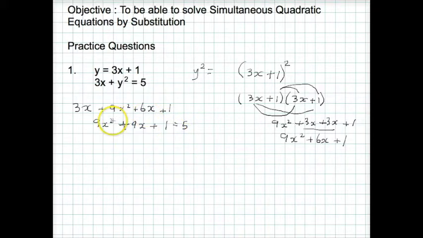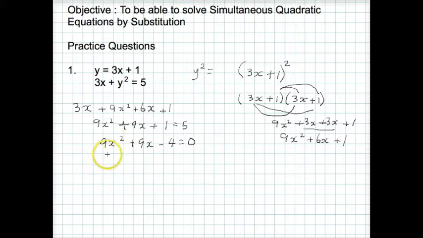Now, to solve this quadratic, we need to have it equal to 0. So all I do now is take the 5 over. 9x squared plus 9x, take the 5 away from the 1, and you're left with negative 4. That now equals 0. We've now got a quadratic to solve.